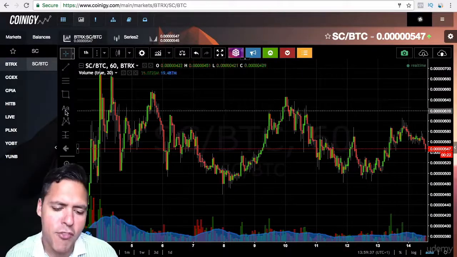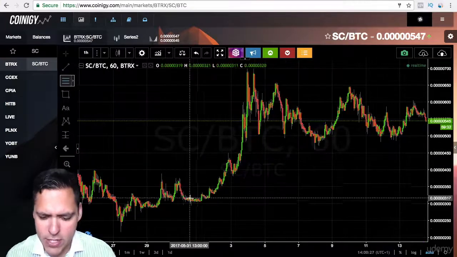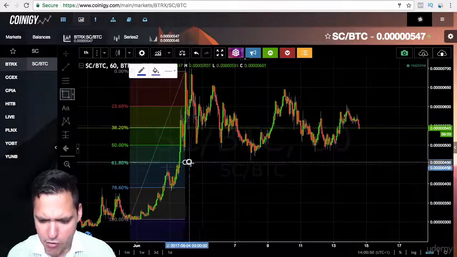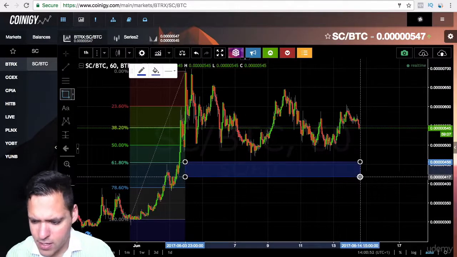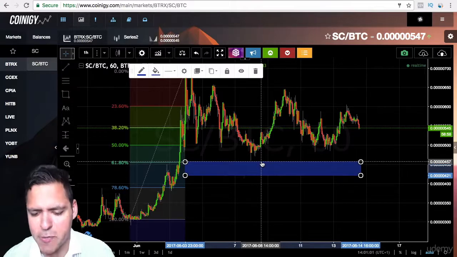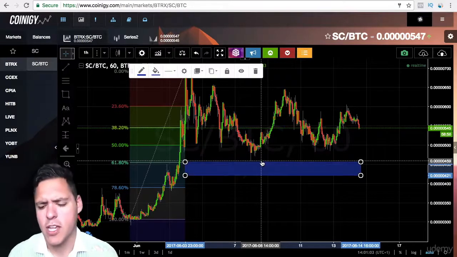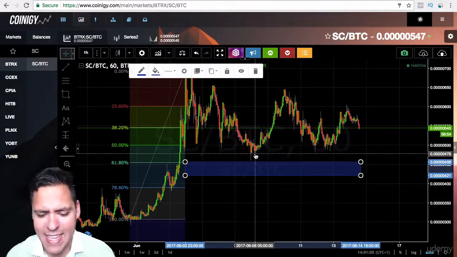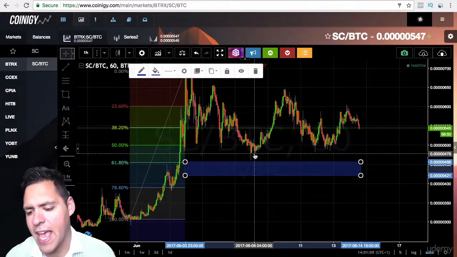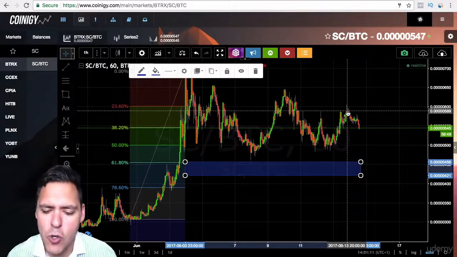So let me just show you the Fibonacci quickly. If we add it at the bottom point, go up to the top point, and then put a rectangle in here, then you can see anything under 457 is a good buy. Now, I wasn't necessarily sure it was going to go that low, so I thought 490 is still about the 55 range, so I put it in at 490. And then it just soared right up.